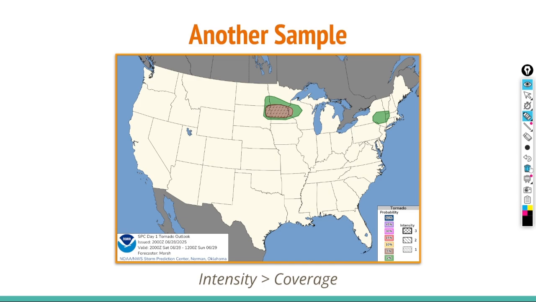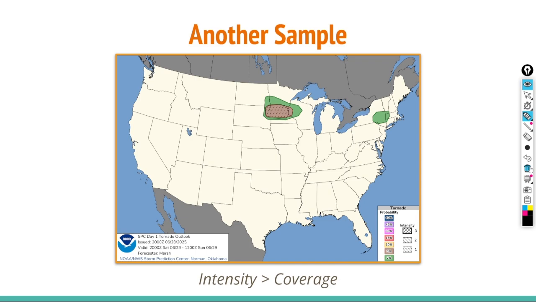And they couldn't issue it for a 2 or 5% risk of tornadoes. So really, you wouldn't know if there was a chance of significant tornadoes if there was a 2% or 5%, because you could have a much better chance of seeing significant tornadoes, but not have as much coverage.